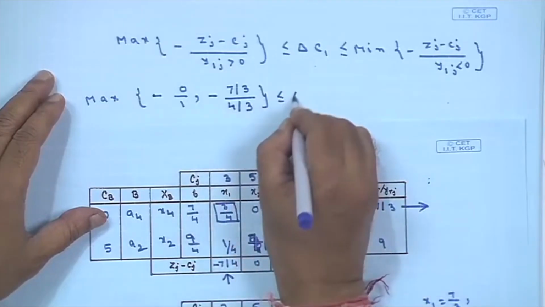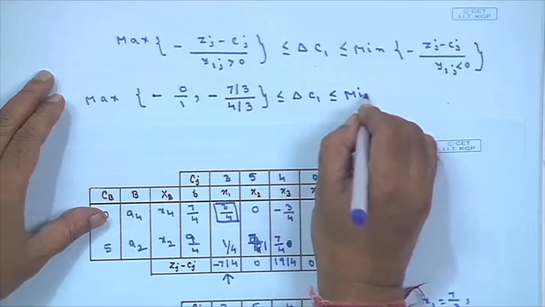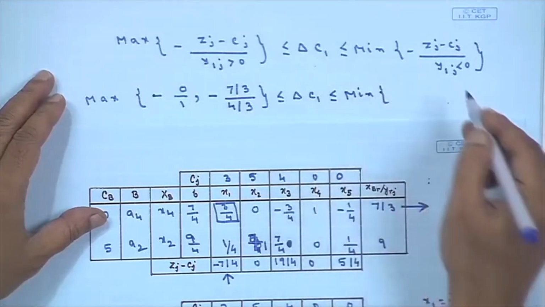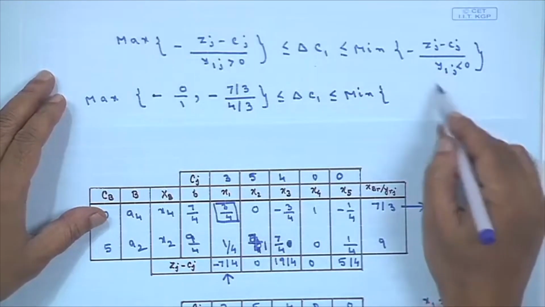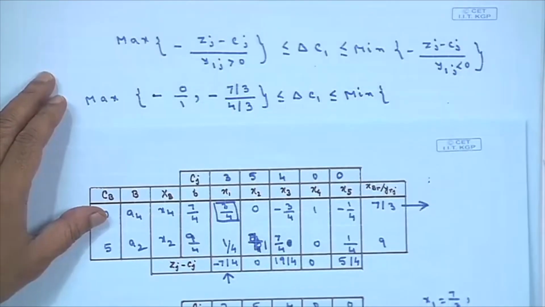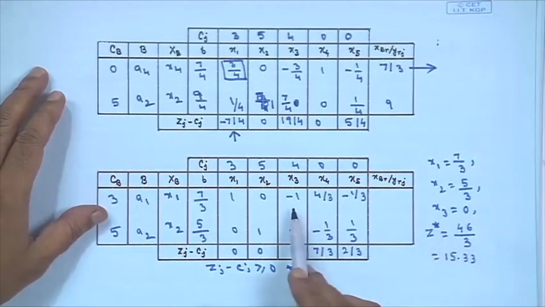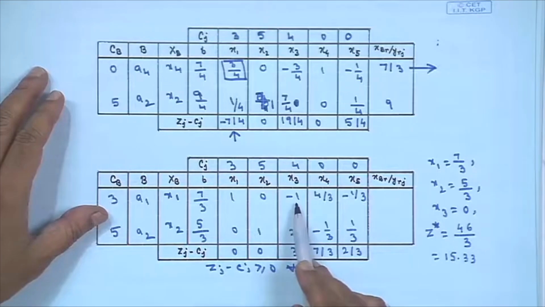This should be less than or equal to delta C1, less than or equal to the minimum of, here I will take only those ratios where yij is less than 0 in the optimal solution, that is zj minus cj by yij.